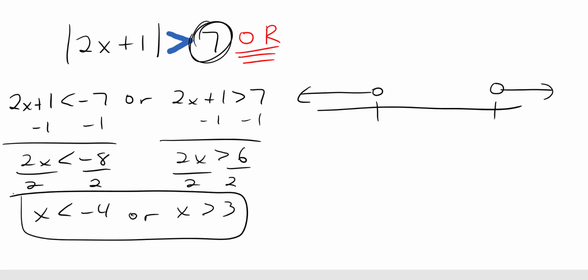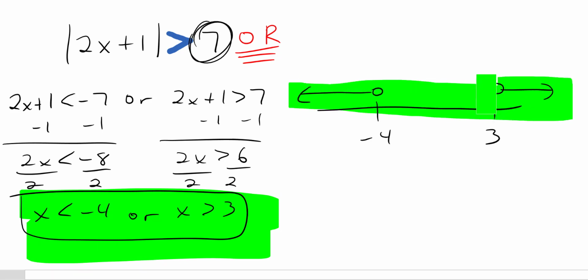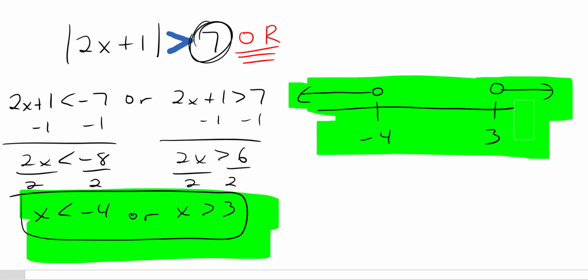See this little graph I did over here on the right-hand side? You are going to write a negative 4 here, and a 3 here, and you are done with the problem. So this part right here is the solution written in algebraic form, and this part is written as a graph. And that's it. You're done with that problem.